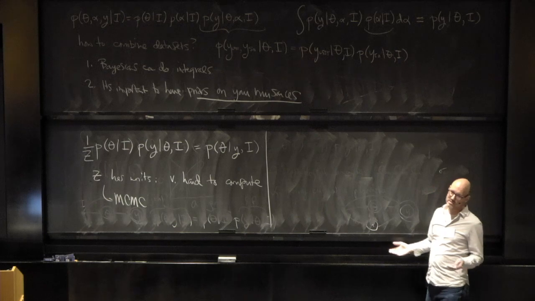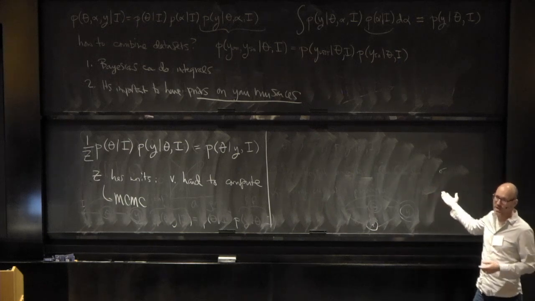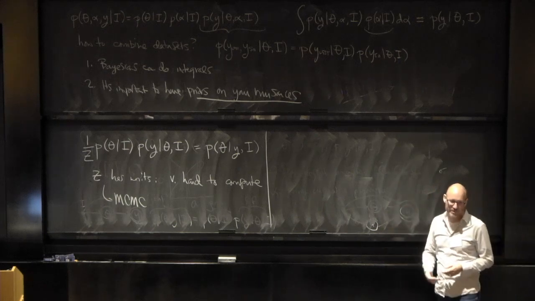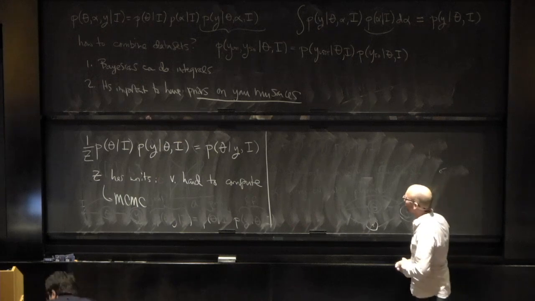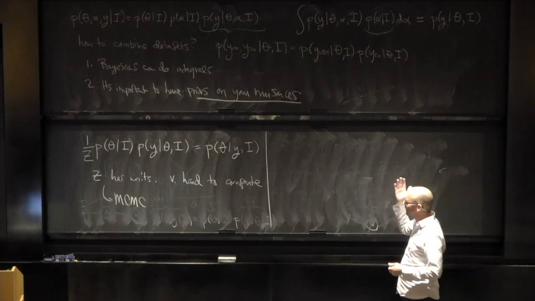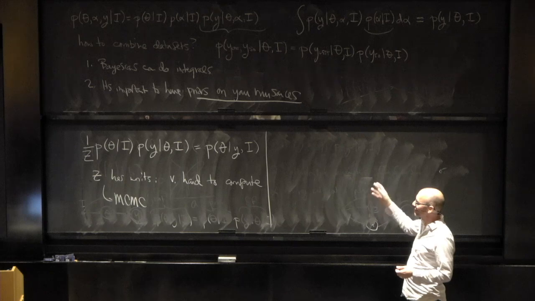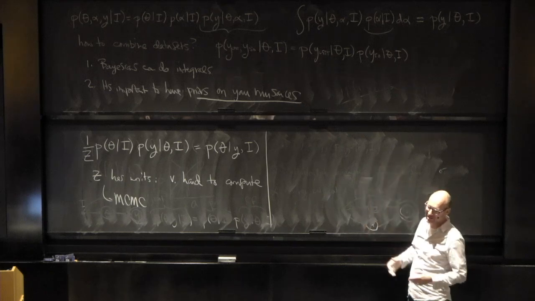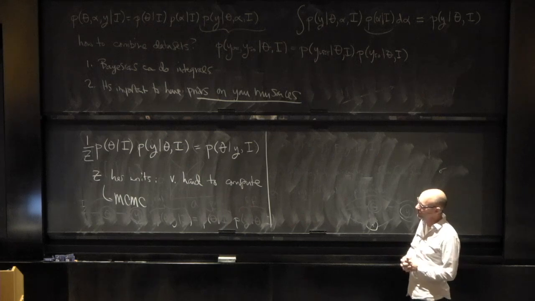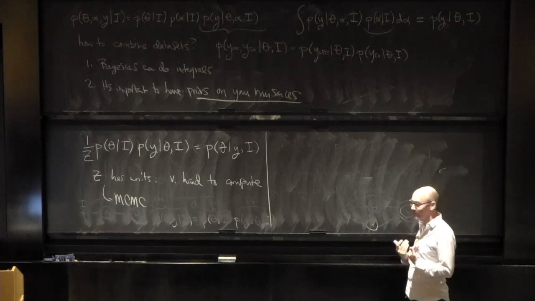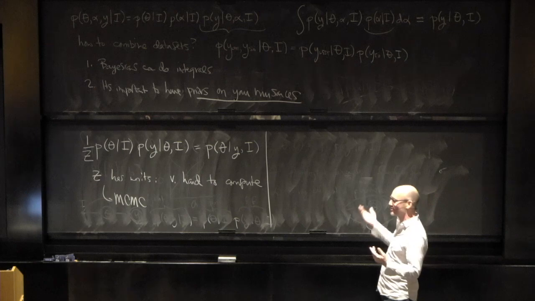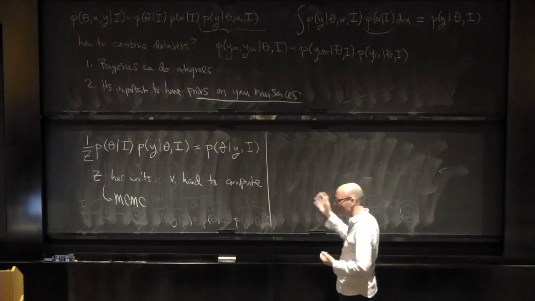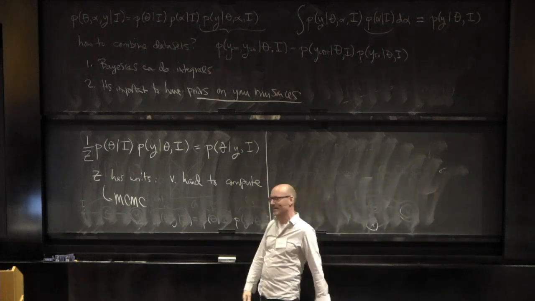Because Foreman-Mackey is an expert in thinking about what you do if you can't write down an executable likelihood function. One of the issues that I haven't talked about at all here is that what you really need to do is implement all this on a computer, and when is it implementable and when isn't it? In a lot of cases, it's not implementable. And a big part of what we do in my group is find executable approximations to what we'd actually like to write down.